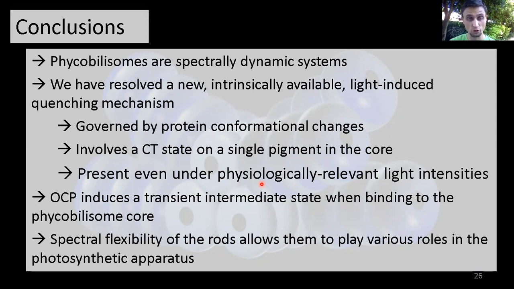It involves a charge transfer state on a single pigment in the core, and it is present even under physiologically relevant light intensities. In the second part, I showed that OCP induces a transient intermediate state when binding to the phycobilisome core. And in the last part of the talk, I showed that the spectral flexibility of the rods allows them to play various roles in the photosynthetic apparatus.